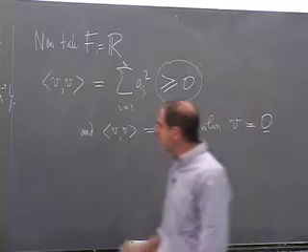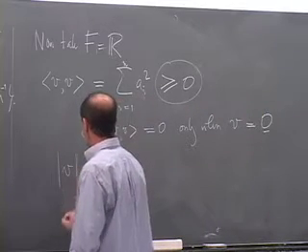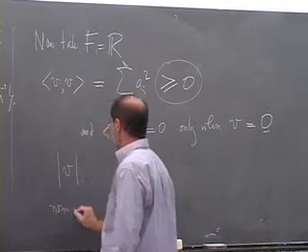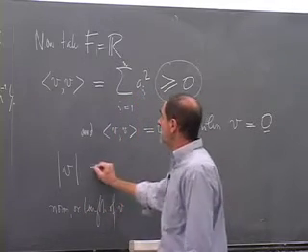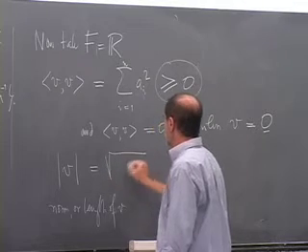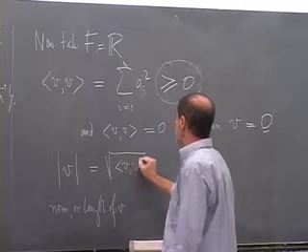Because if any coordinate in V is non-zero, this sum is positive. And so we define the norm of V, or the length of V, to be the positive square root of V·V.